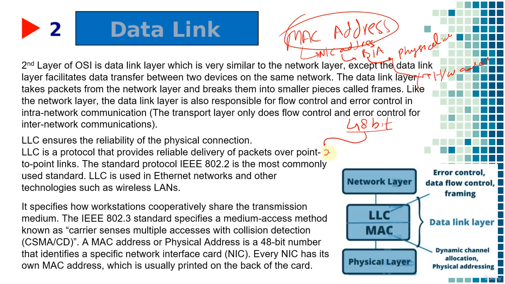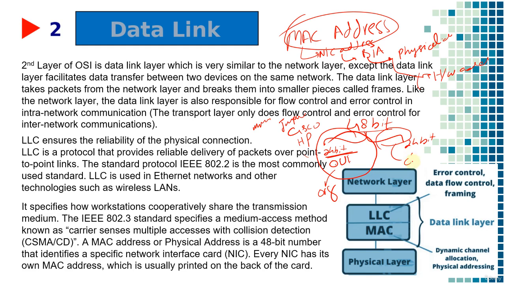It is divided into 24-bit portions. The first 24 bits are used for the OUI, the organizationally unique identifier. Cisco has its own identification for MAC addresses, HP has its own, Juniper has its own, Microsoft too. These vendors use the first 24 bits to uniquely identify the company or organization. The remaining 24 bits are for the client.